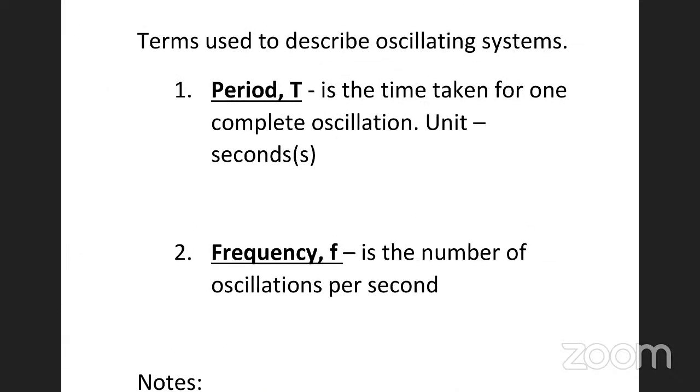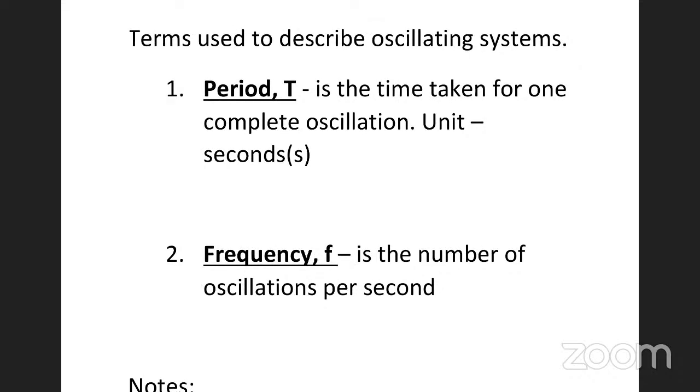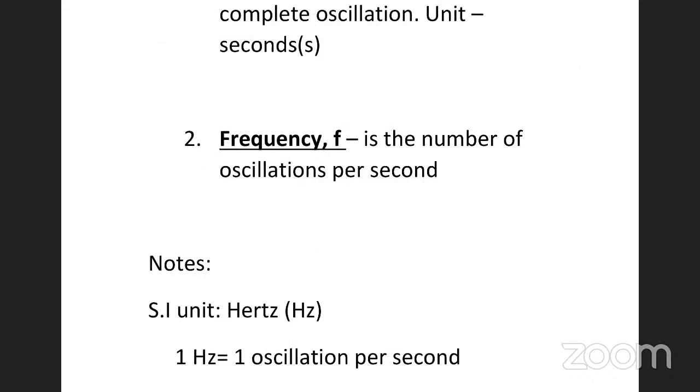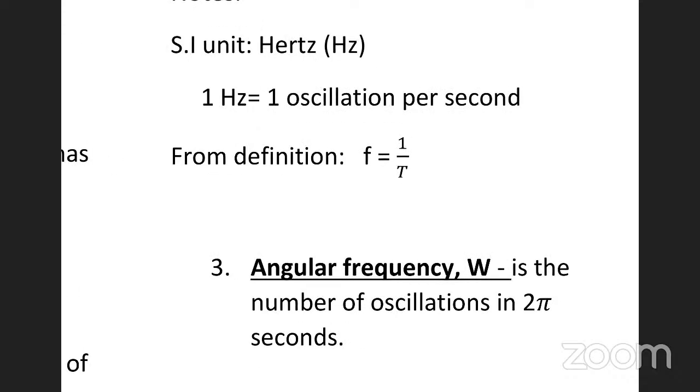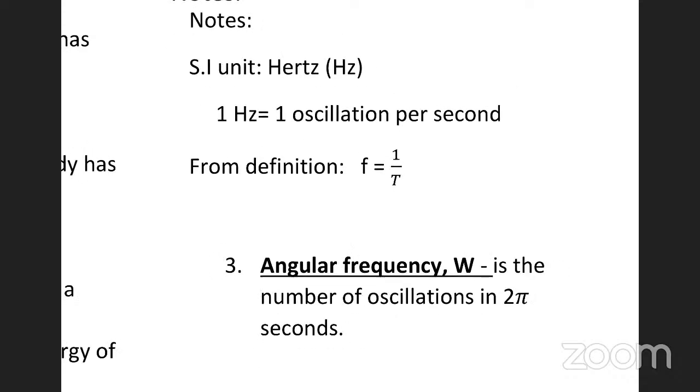Some quick definitions to remember. Period is the time for one cycle. Frequency is the number of cycles in 1 second. Here you have your relationship: f is equal to 1 on T. We have our first new quantity, called angular frequency. The symbol is omega, not W. It's the number of oscillations in 2 pi.